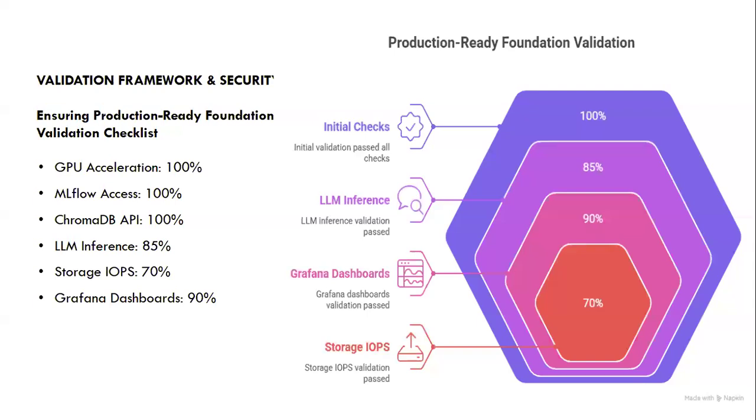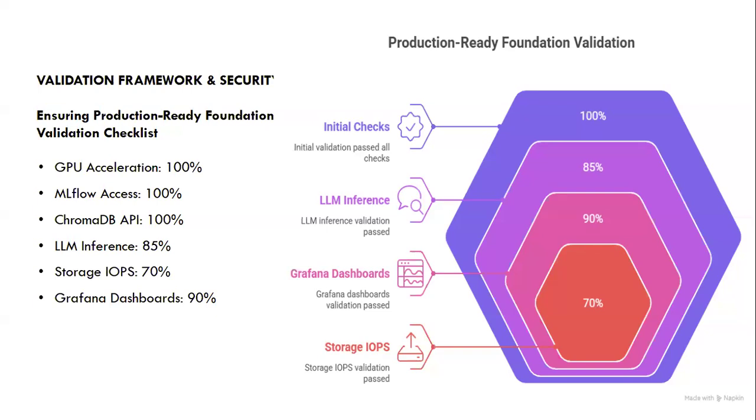As we can see, the architecture components, MLflow access, ChromaDB API, and LLM inference are all required checklist items at 100%. This validation ensures a production-ready and secure foundation for our next phases. Here is a graphical representation of our use case, what we are going to perform, and what our requirements are.